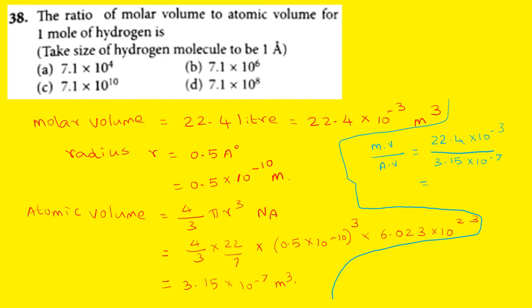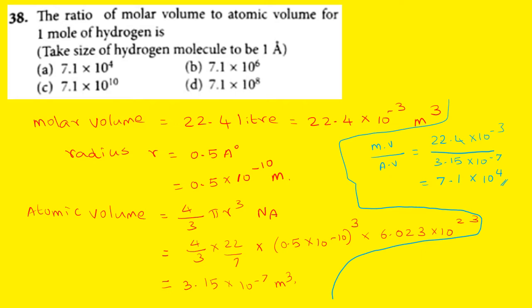When you do this division you will get the answer 7.1 times 10 power 4. If you want the full calculation, children, please comment in the comment box so I can show you. Here, just to save time, I'm writing the answer, hoping that you are all very good at this division.